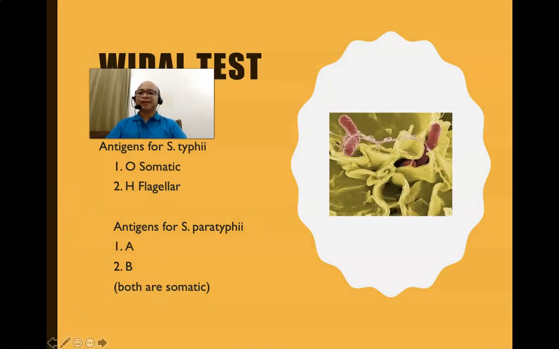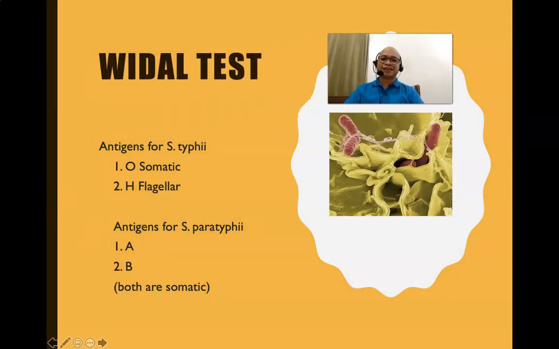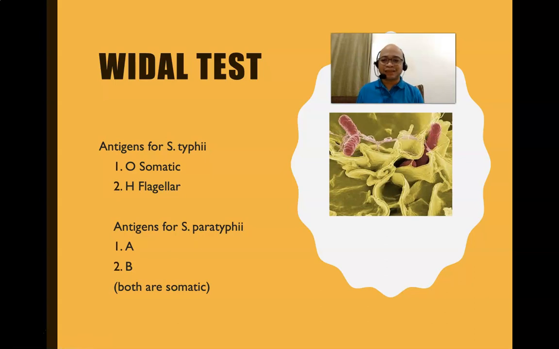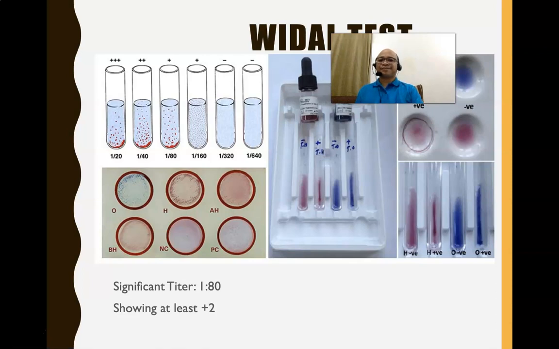Okay, so Vidal test is of course the serological test for Salmonella. Salmonella is the etiologic agent of typhoid fever. So we have four antigens of interest: O, H, and then we have the Salmonella paratype A and B. So O is a somatic antigen, H is a flagellar antigen, A and B are both somatic antigen of Salmonella paratypes.